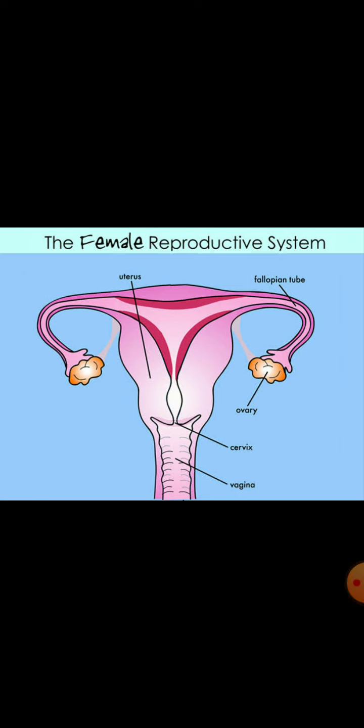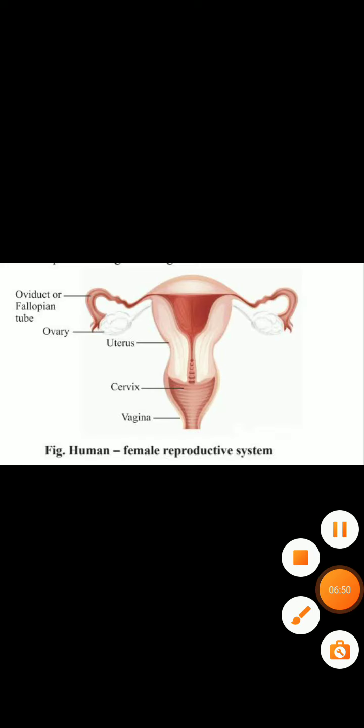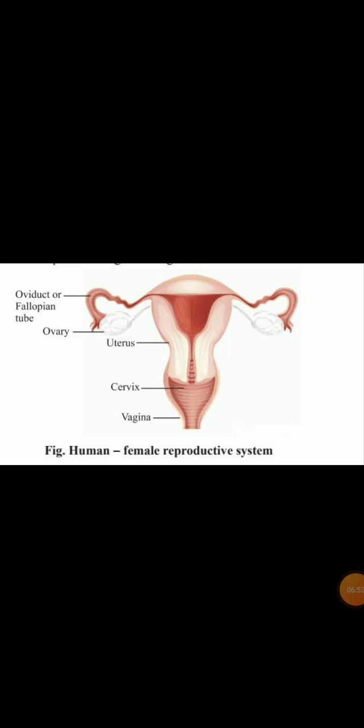Now let us talk about fertilization. During the sexual intercourse of a male and a female, the sperms enter through the vaginal passage, which means the sperms transfer from the male body to the female body through the vagina.